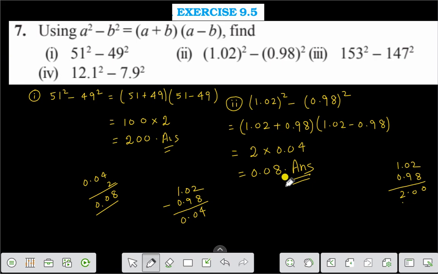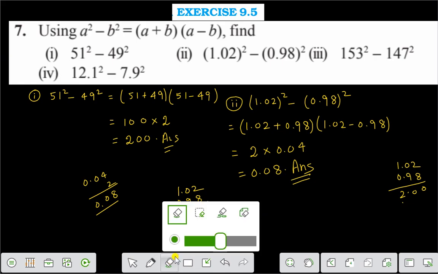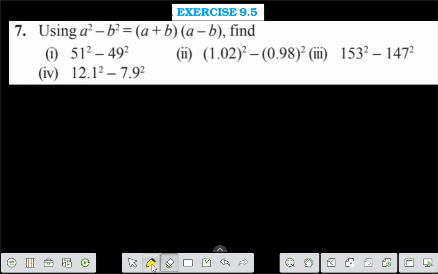Right? Now we'll solve question number 3. Here you see that question number 3 is 153 square minus 147 square.